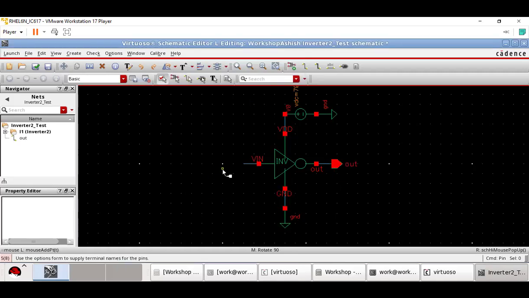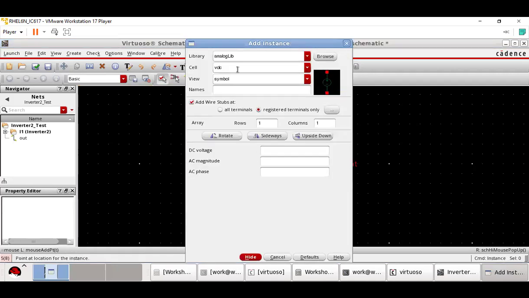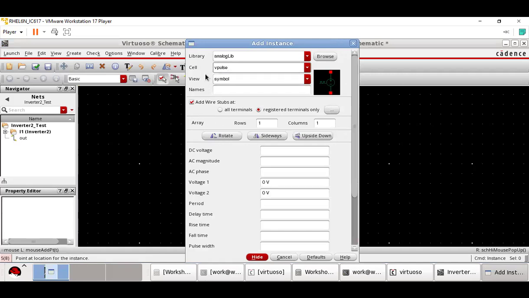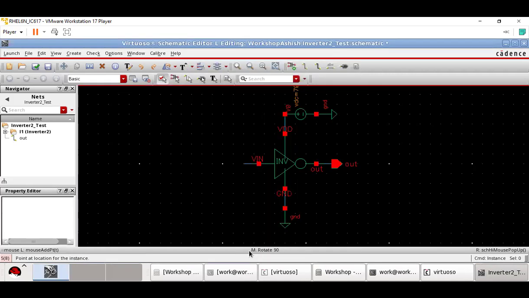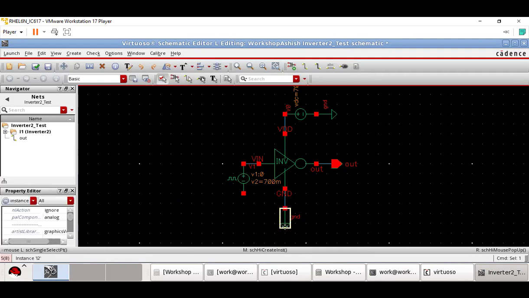This, and then the V pulse in the input. 0 to 0.7 V, a period of 20 nanosecond and pulse width of 10 nanosecond. And you give a ground.